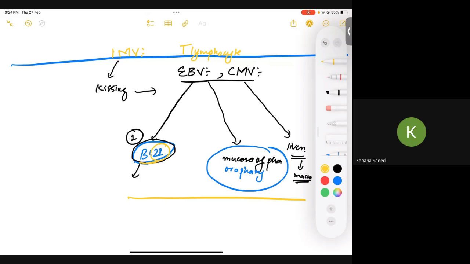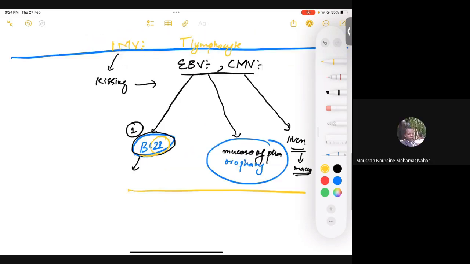Okay, can you repeat this concept, please? Okay, we discussed that EBV is going to attack three things: your B cells, your oropharynx, and liver cells, the macrophages. Just write it down in your First Aid book. It's going to attack three cell types: B cells, your oropharynx mucosal cells, and your macrophages, right?